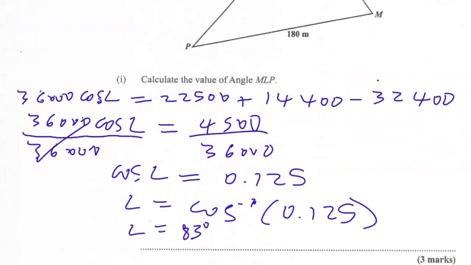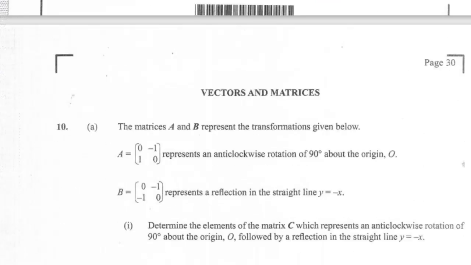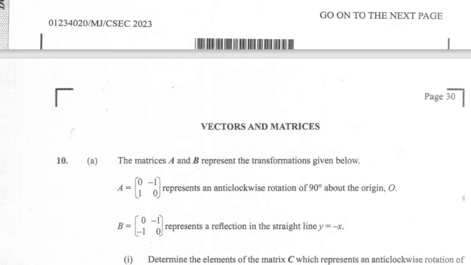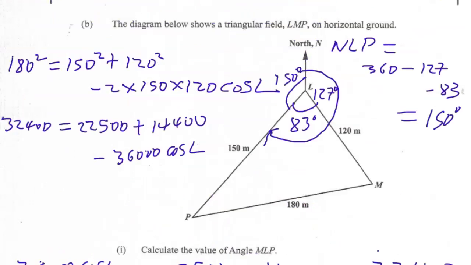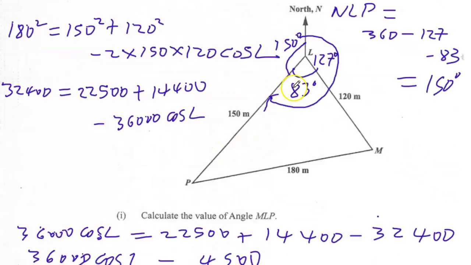Next, we're also asked to find the bearing of L from P. So from P means from the north of P to L, that's this angle we're asked to find.